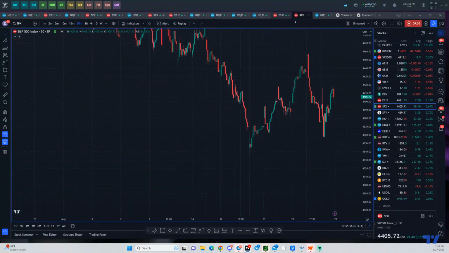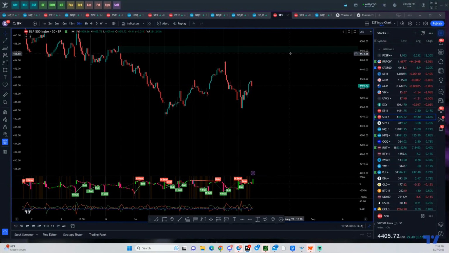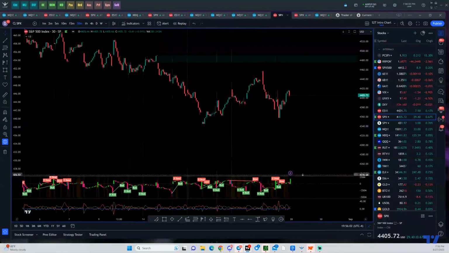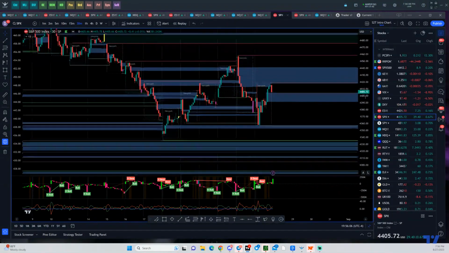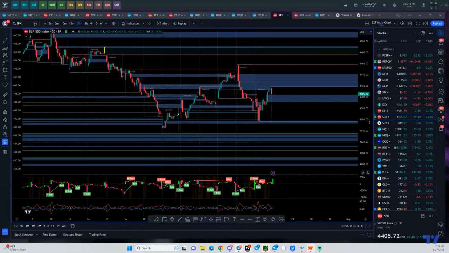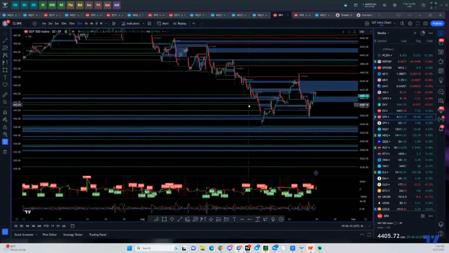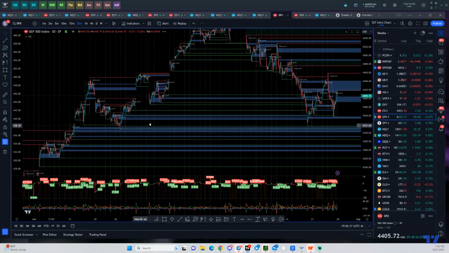I think here it's a lot clearer to see the gap. If I put SPX here, you can clearly see the gap here. We got one up there, the one I was talking about, and I believe we got the one that I was showing you down here. It was very clear earlier. So let me see if I can bring it out for you because it's a contract rollover. You know what?